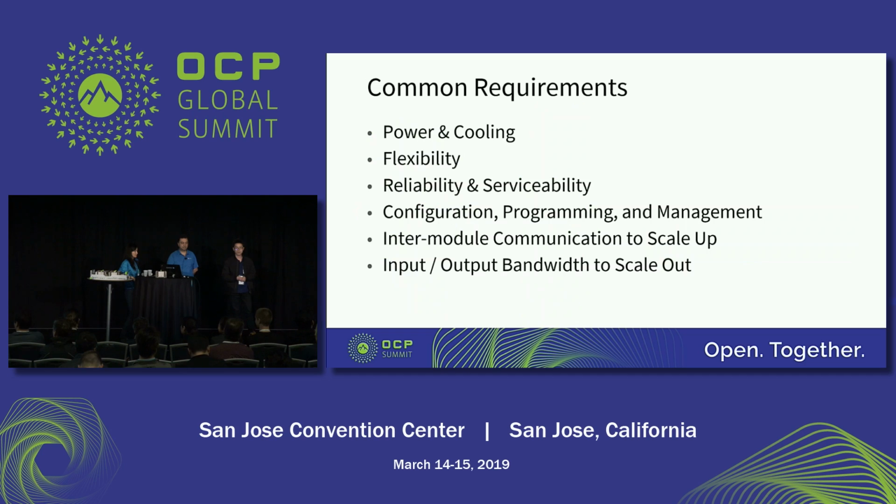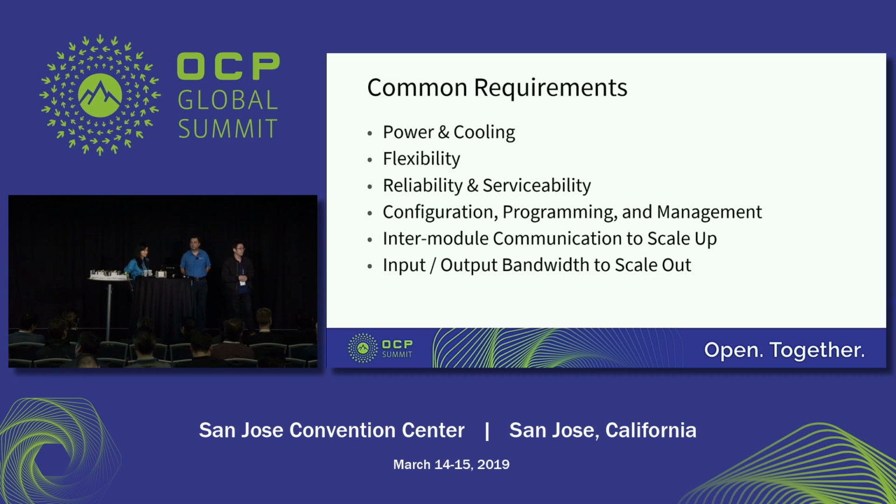So we see a lot of examples, and generally these different implementations are solving similar problems: flexibility, reliability, and easier management. These are general requirements for data center servers. But what makes the AI hardware system quite different is that the AI accelerators have very big power, which makes the power and cooling in the system design very challenging.